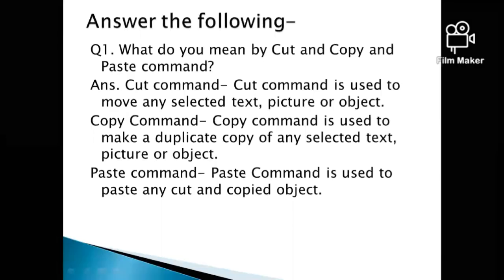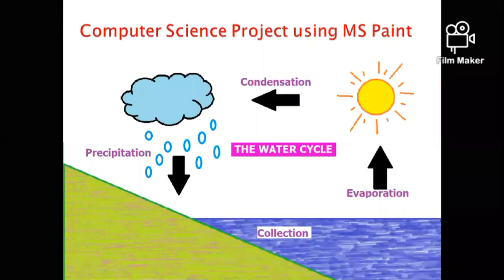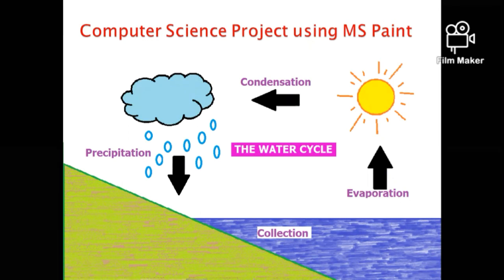Now let's discuss about our computer science project. This is your computer science project which I have drawn for you in MS Paint. You have to take a printout of this paint picture and stick it in your computer science notebook.